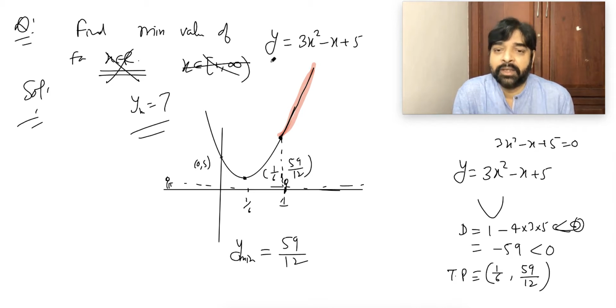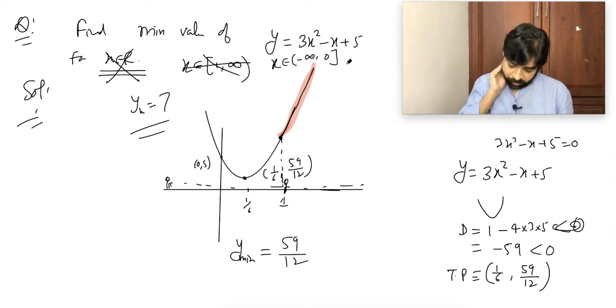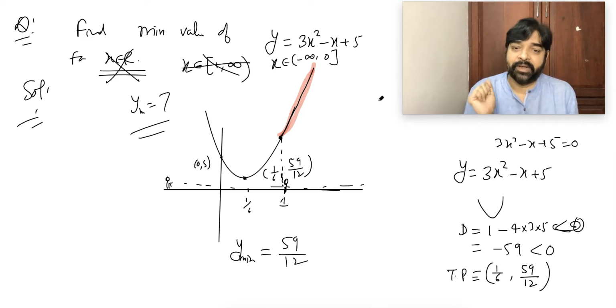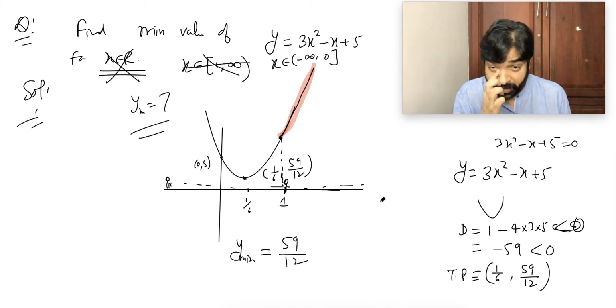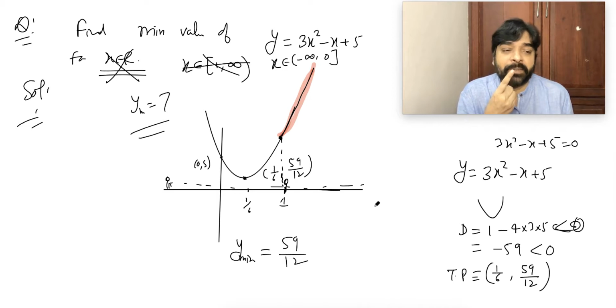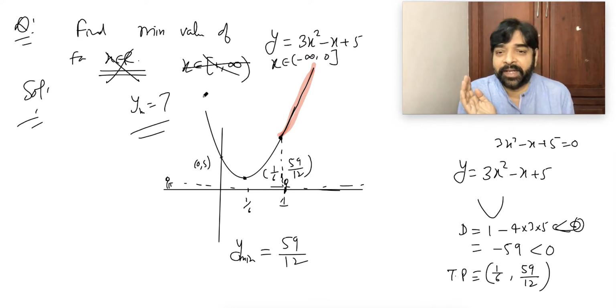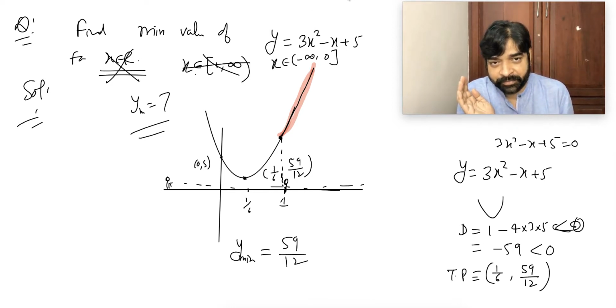This also changes. What is the minimum value when x belongs to minus infinity to 0? Orally you can tell me the answer. Now the person is coming from minus infinity, so the graph is coming from here.